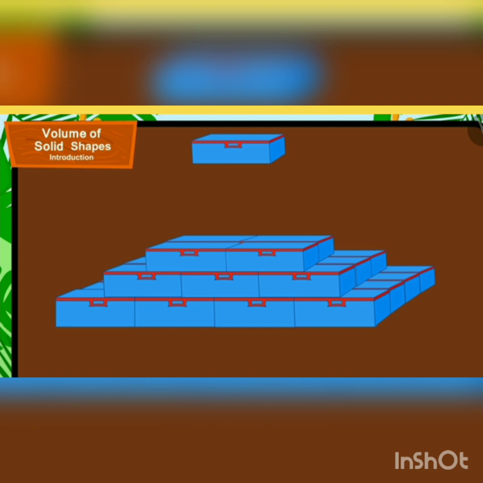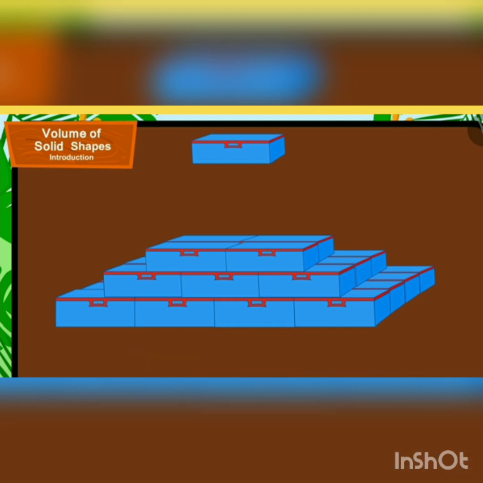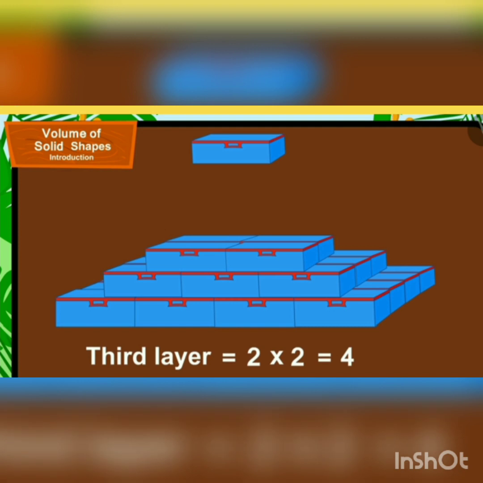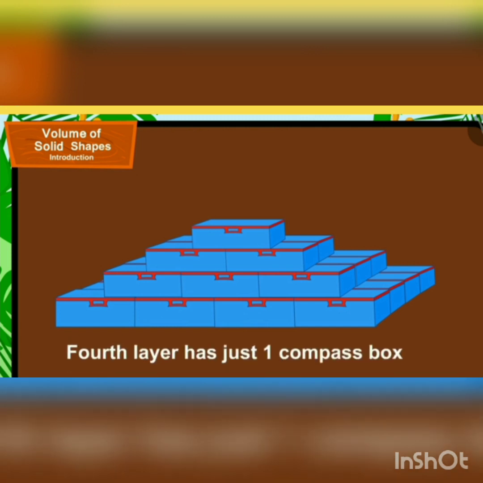The third layer has 2 vertical lines, and each line has 2 compass boxes. This means 2 times 2, that is 4 compass boxes in the third layer. And finally, the fourth layer has just 1 compass box.